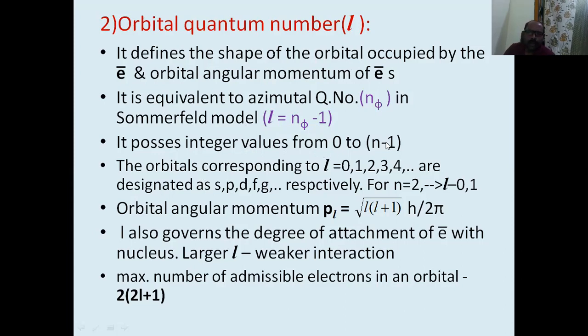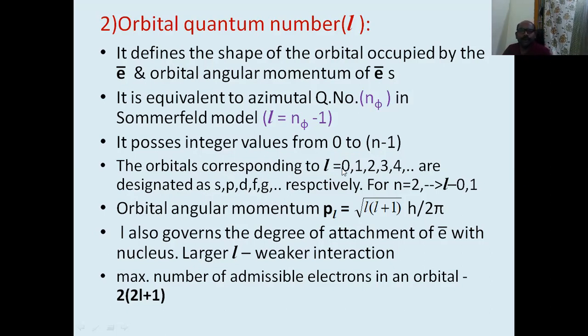So 0 to n minus 1. These are the possible values of L for a fixed n. The orbitals corresponding to L equal to 0, 1, 2, 3, 4 are designated as s, p, d, f, g, and these are all small letters.